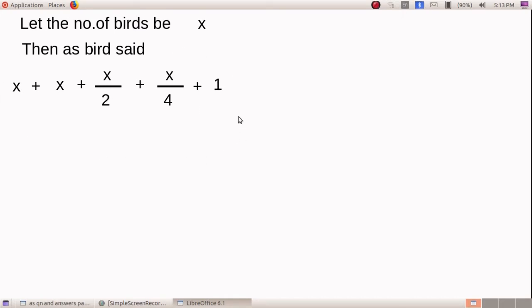The answer we get from this is a natural number. That means this expression, if it is to be a natural number, what should be the value of x? For that, let us reduce it into its simplest form. This x plus x together will be 2x.